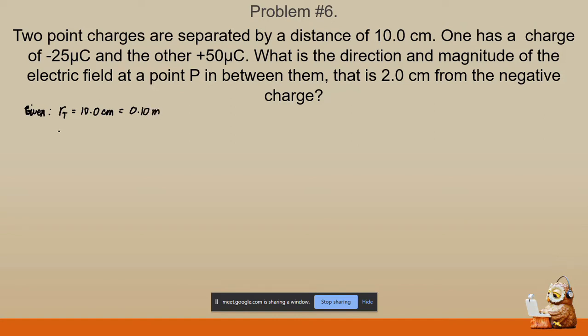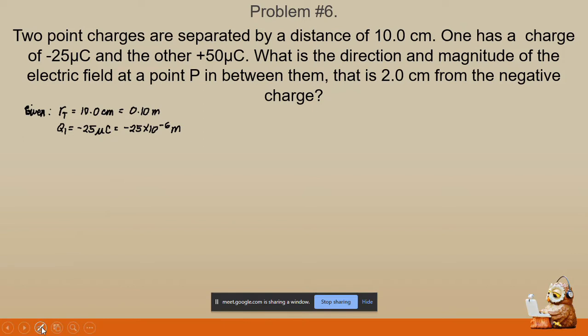Next, our given charges. We don't have the letter symbols, so let's just assume. Let's have Q sub 1 for negative 25 microcoulombs, which is equal to negative 25 times 10 raised to the power of negative 6. Oh, why meters?